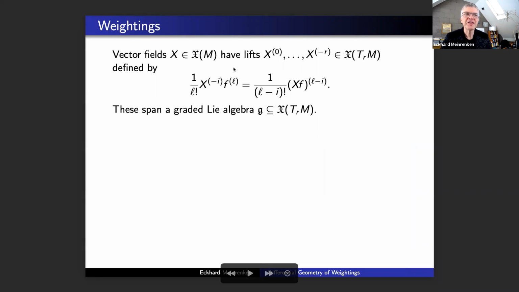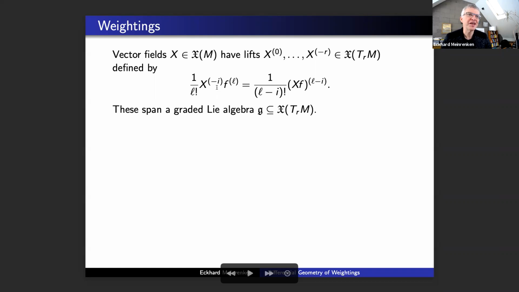If you have a vector field on the base, it also has all kinds of lifts to the rth tangent bundle. There's this x0, which is called the tangent lift, but then there are all kinds of vertical lifts. The easiest way of saying what these lifts are is to say what they do on these lifts of functions.